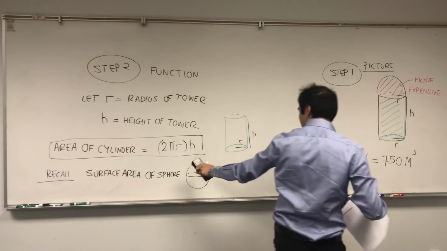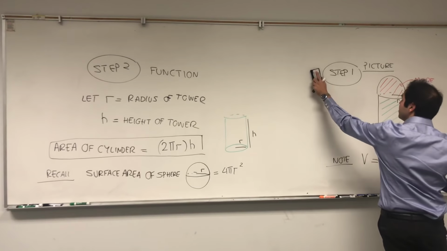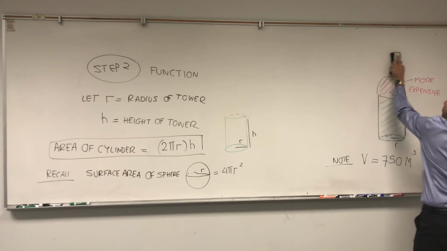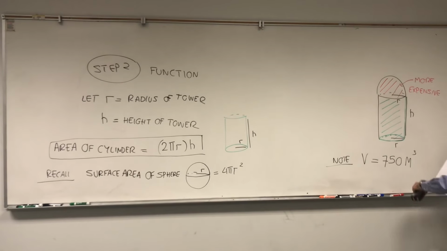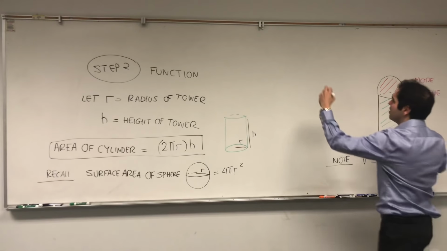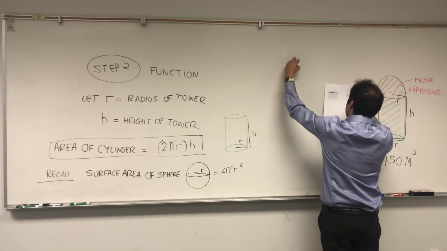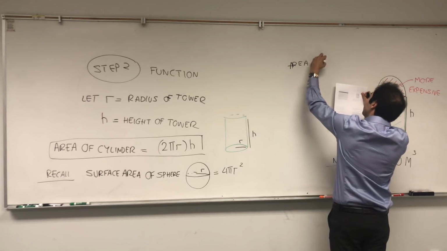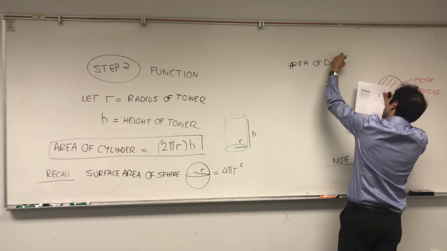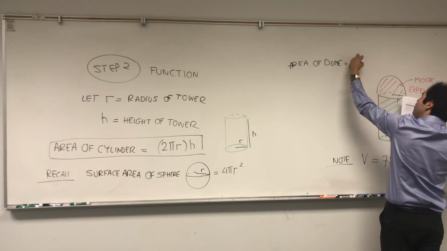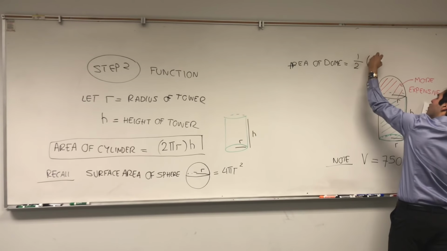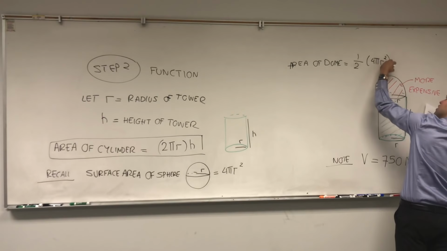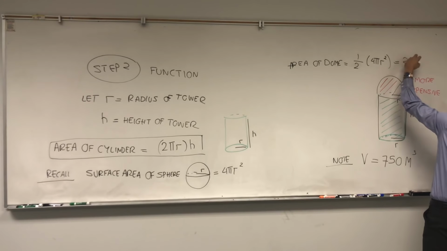So this is the surface area of a sphere, but of course, because we have a hemisphere, we have to divide it by 2. So in other words, area of dome is just 1/2 of that. So 1/2 of 4 pi r squared, which is 2 pi r squared.